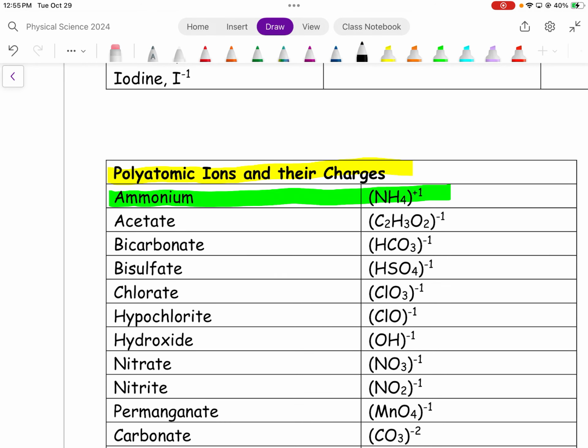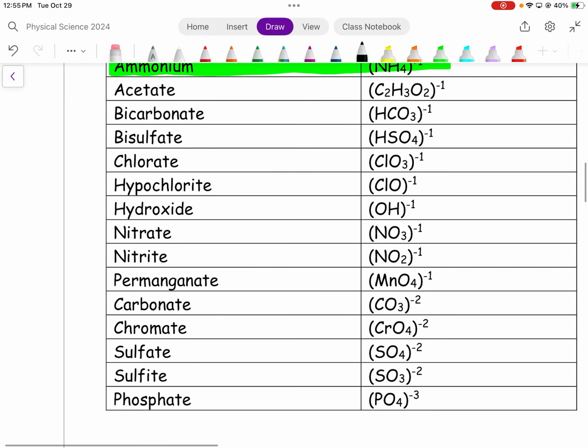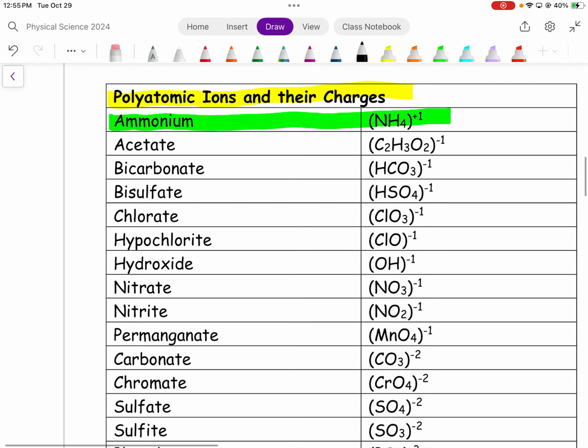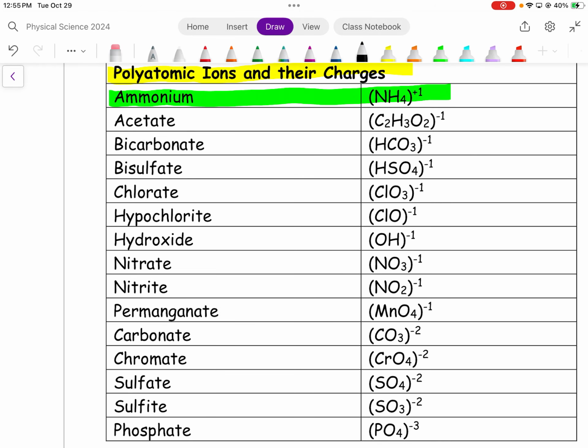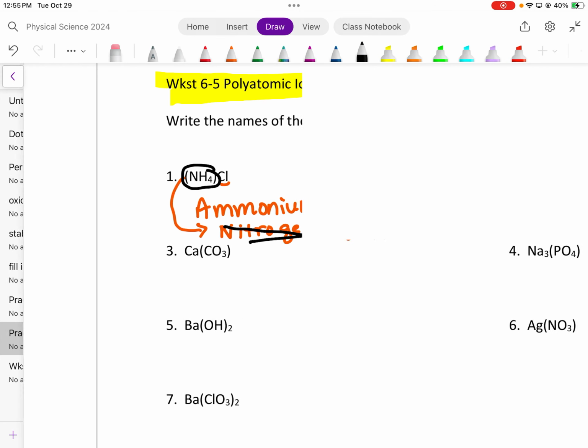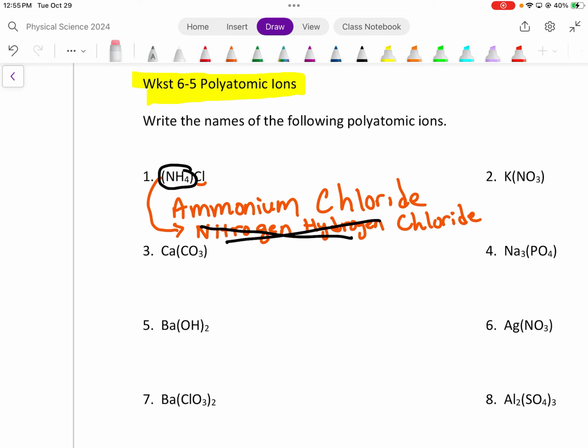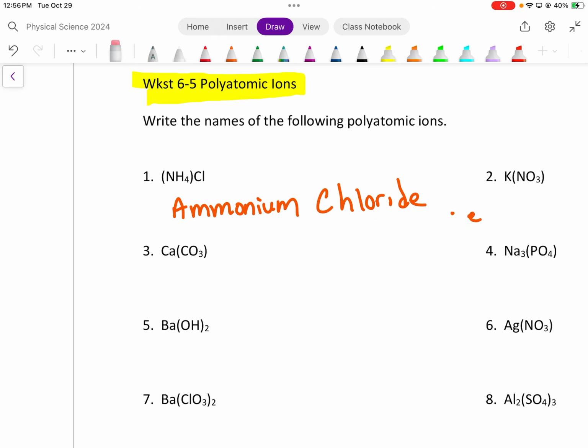So when we see those elements in parentheses, we have to come to this table, look for the name, and that's the name that we use. We don't ever list the elements separately. I'm going to get rid of that just because it is not correct. I just wanted you to see that we don't do it that way.